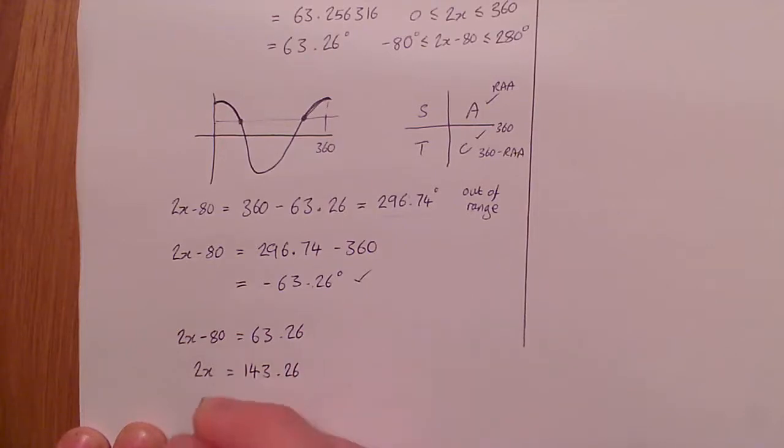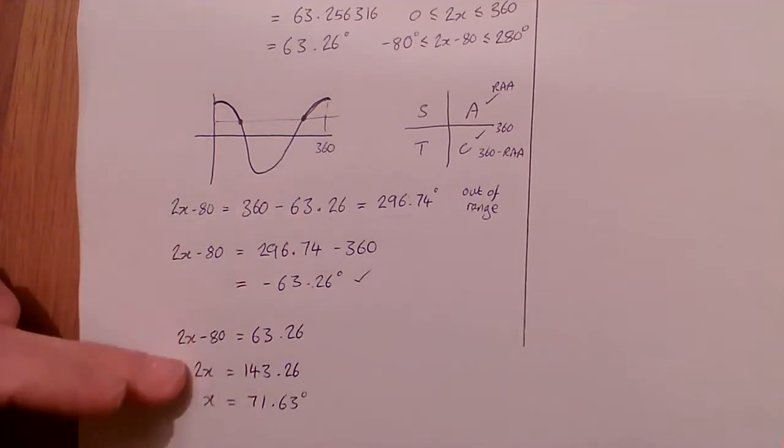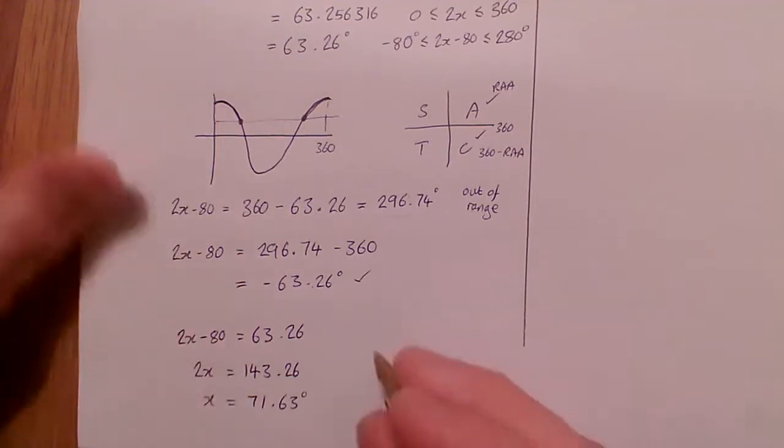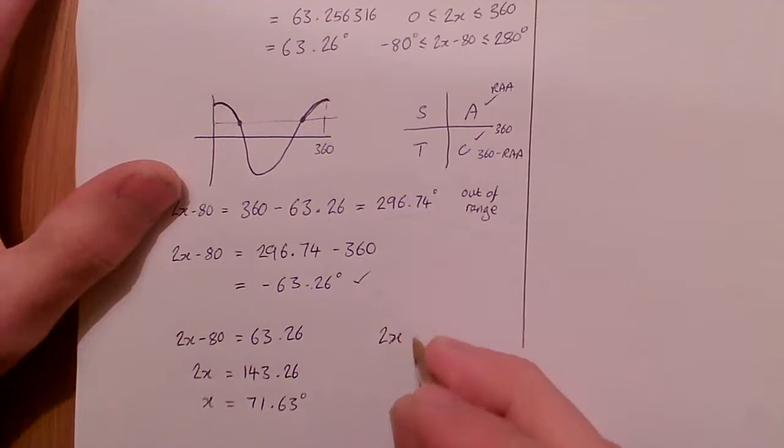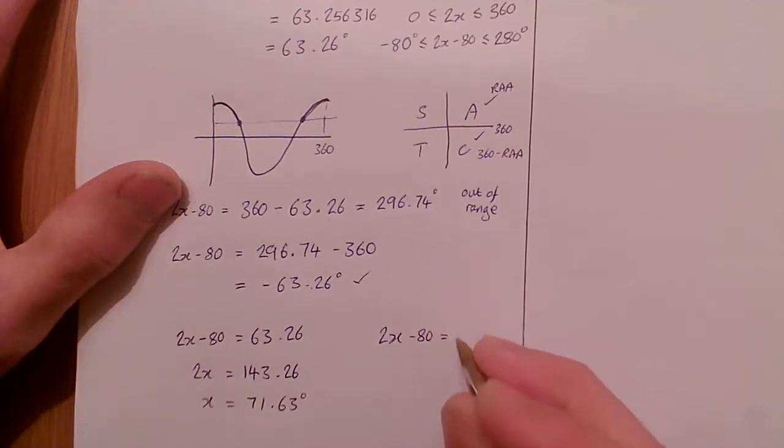And finally, dividing both sides by 2, we get x equals 71.63. So we just worked through adding 80 to both sides, dividing by 2 gives us our answer. Same idea here, 2x minus 80 equals minus 63.26.